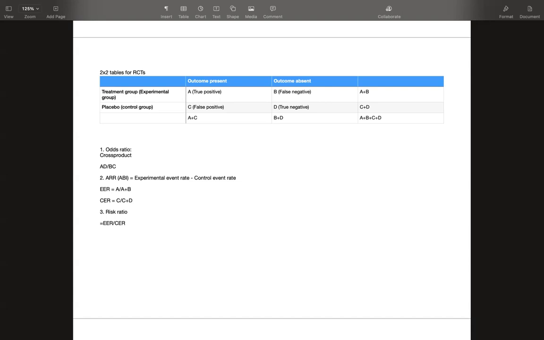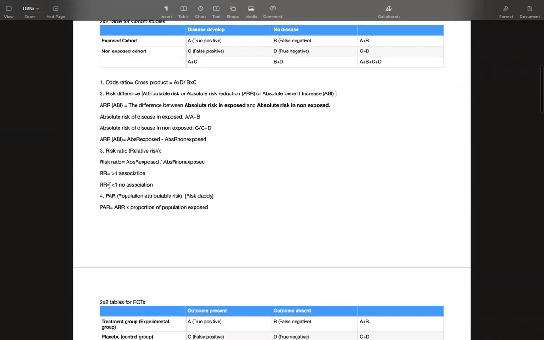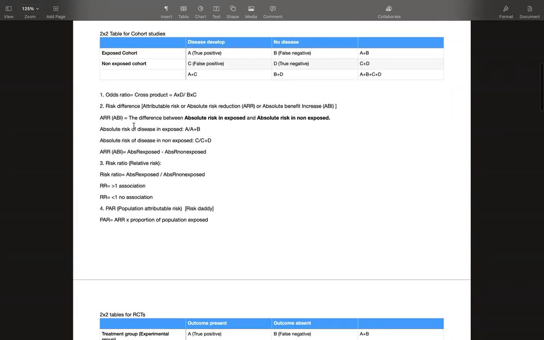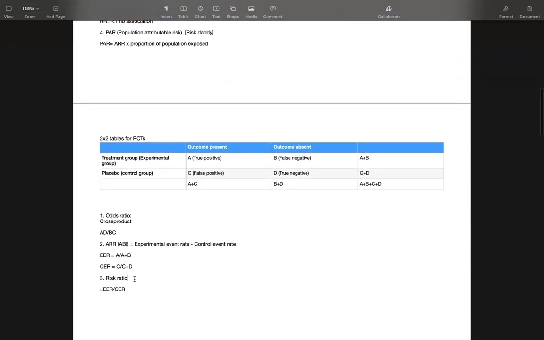Now, previously, for cohort, we were able to calculate the odds ratio, the risk difference, which is ARR or ABI, and the risk ratio, RR, relative risk. Now we have another thing which we can find out in terms of RCT.